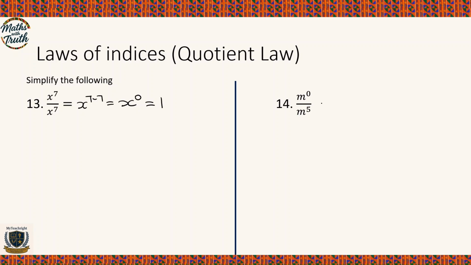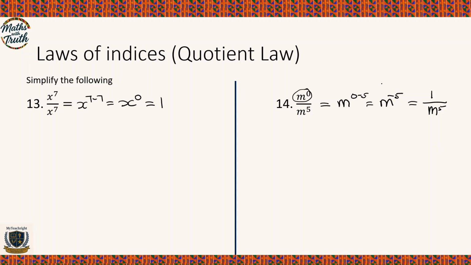Here we can see that this is equal to, by the quotient law of indices, m exponent 0 minus 5, which is equal to m exponent negative 5. And this is also equal to, now look at this, we can rewrite this one as 1 over m exponent 5.